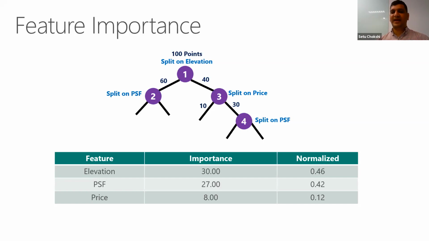Now, when I'm deciding, let's say for my node 1, and for example, say I have elevation, PSF, and price, I have all three of them. So I'm going to do that 128 calculations for all of them. And then for each feature of that 128, I'm going to pick the one that gives me the lowest. So I'll have one Gini index that's lowest for elevation, one lowest for PSF, one lowest for price. Across all of this, I'm going to pick the one that gives me the lowest value.